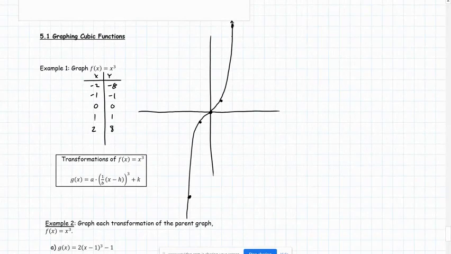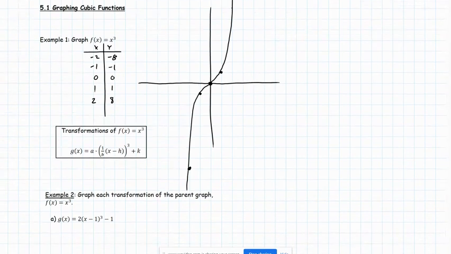So that's our parent graph for f of x equals x cubed. Typically, we'll use at least these 3 points as reference points when we transform the function, and so we'll constantly refer back to this graph with those 3 points.